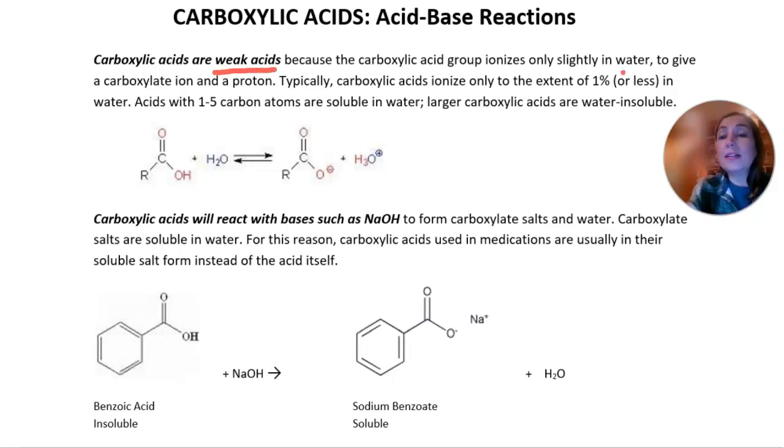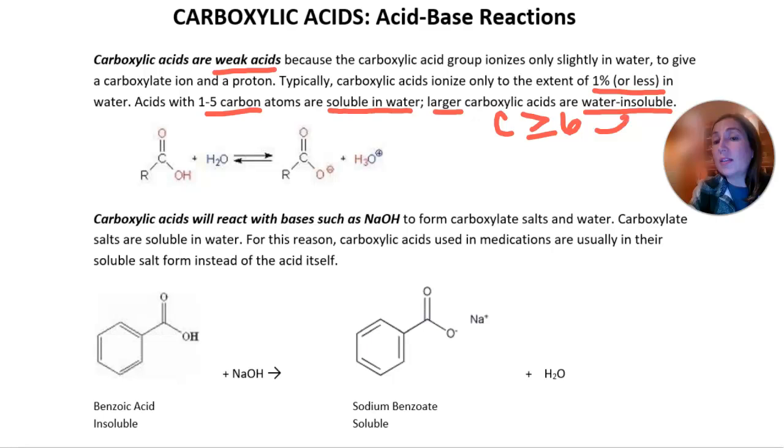These are weak acids because they ionize 1% or less. If they have 1 to 5 carbon atoms, they can be water soluble. If they are larger, meaning greater than or equal to 6 carbons, they are water insoluble. So the small chains are soluble, the larger carbon chains are not.